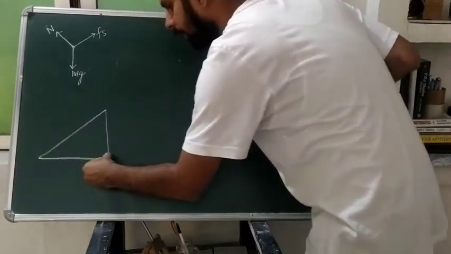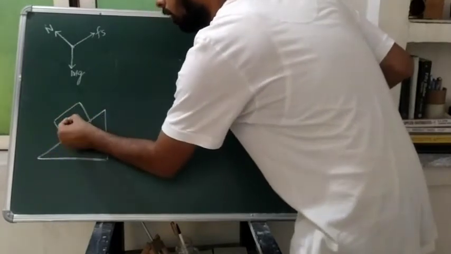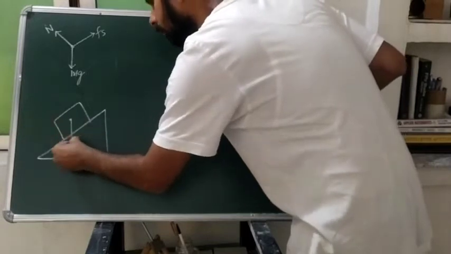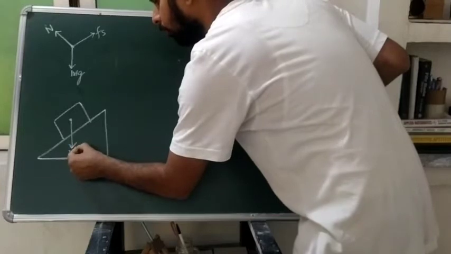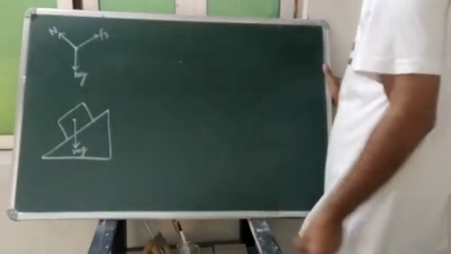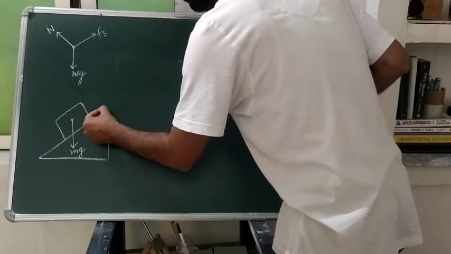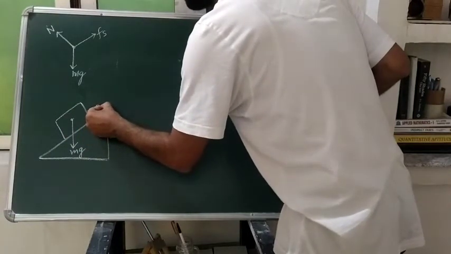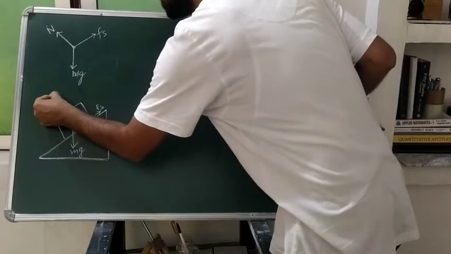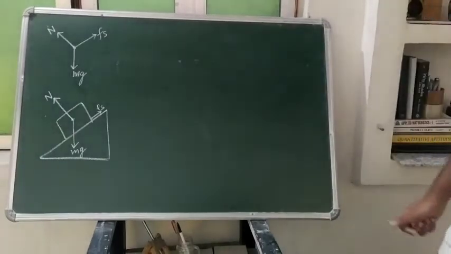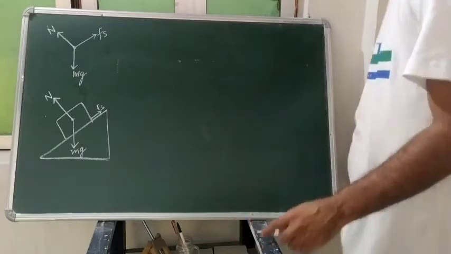The block was something like this. Here was our mass, a block with mass m, and the force due to gravity was acting here. This force of friction, F of S, will act here, and the normal was acting perpendicular to the contact surface.